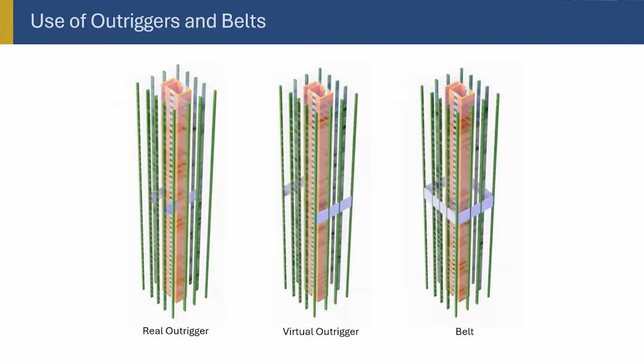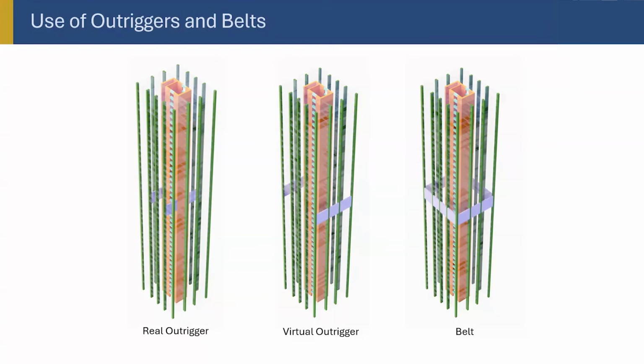Next one is going to be our topic a lot we will discuss, is the outrigger concept. Real outrigger, virtual outrigger, and belt system. And if you want to get some more information, I just had it post on LinkedIn a few days ago. You can look into that, or also a webinar that we did.